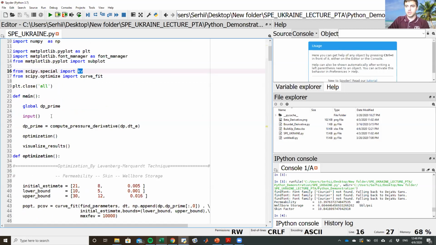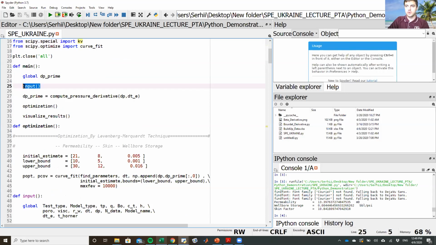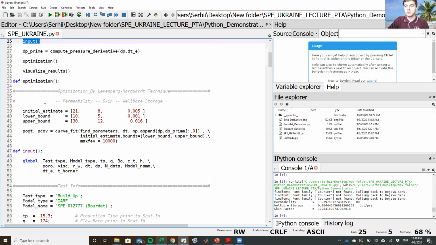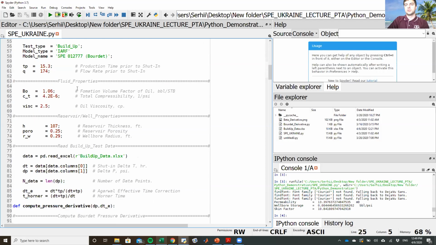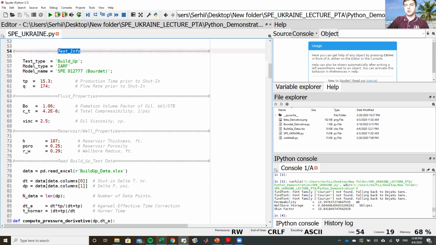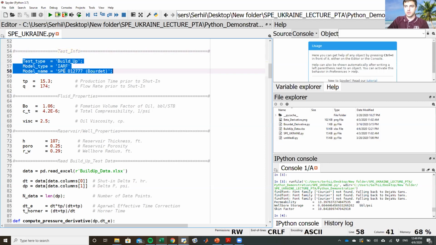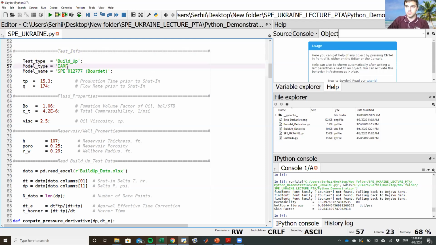So what we have to do next is input our pressure transient data, right? Which includes the information about our test. This information is not quite important for us right now because we simply have infinite acting reservoir flow included in this script, right?